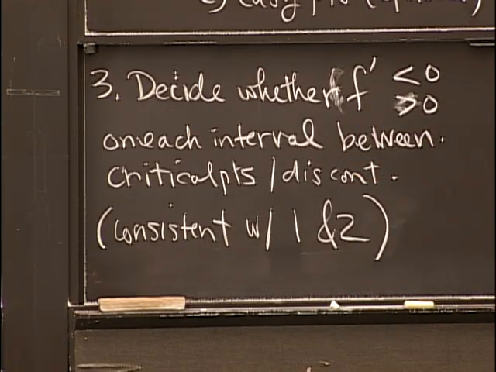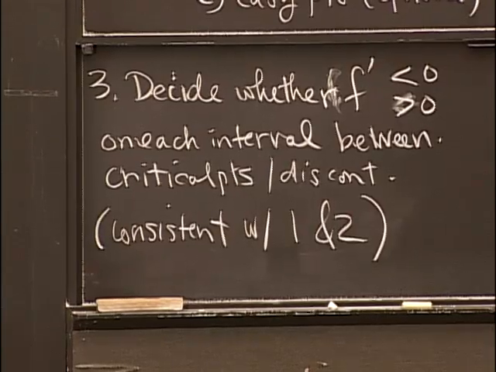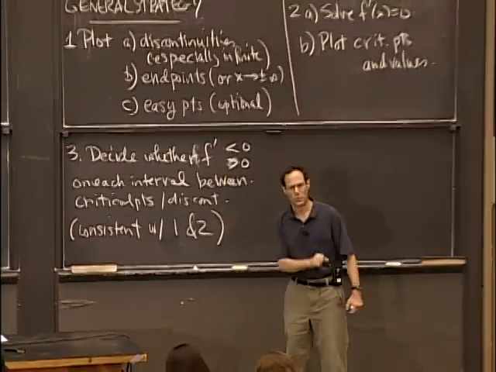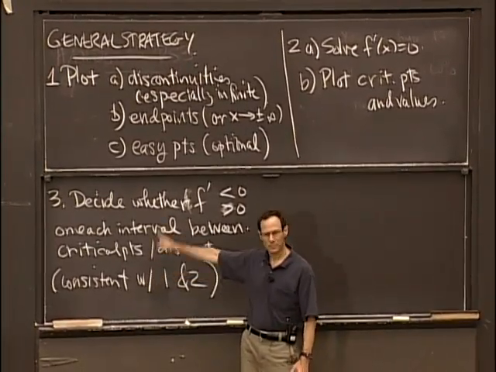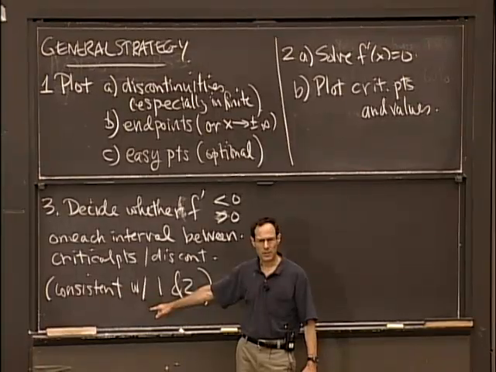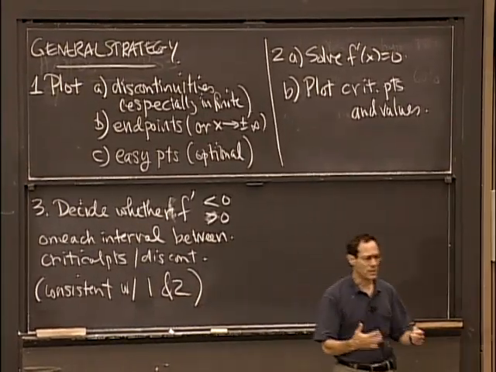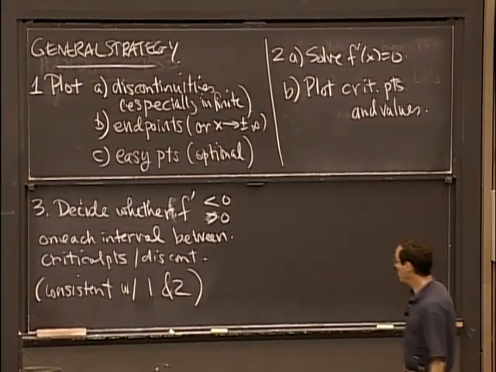In fact, if you can succeed in doing steps 1 and 2, you'll never need step 3. All it's doing is double checking. So if you made an arithmetic mistake somewhere, you'll be able to see it.